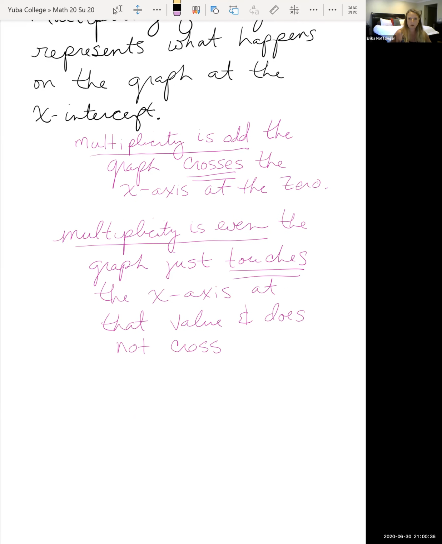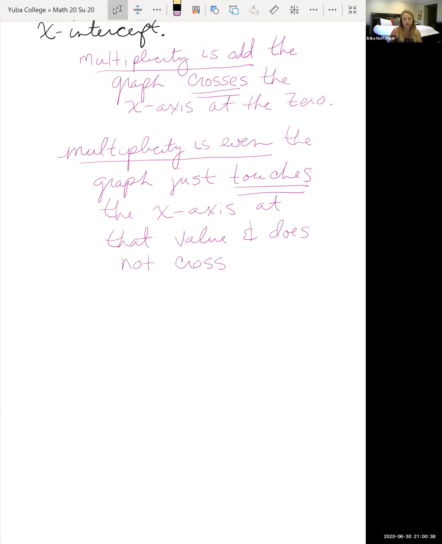So the degree of our polynomial actually tells us how many turning points our graph can have. Well, it tells us the maximum number of turning points. When I say turning points, it's the number of times that it's going to change directions. So if I'm looking at a graph like this, this has 2 turning points.